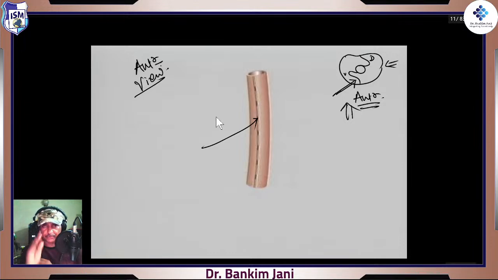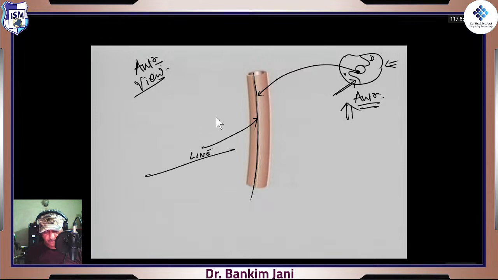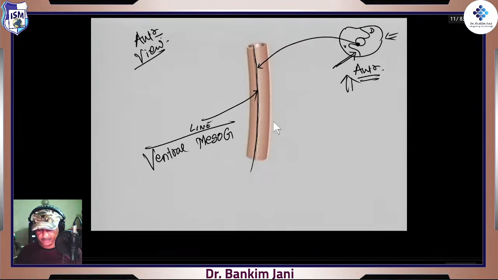As we are watching from the anterior, on this entire line, it is this point we are talking about. All those dots make one line, and this line is the ventral mesogastrium, right? All right, it will be still more clear as we move.